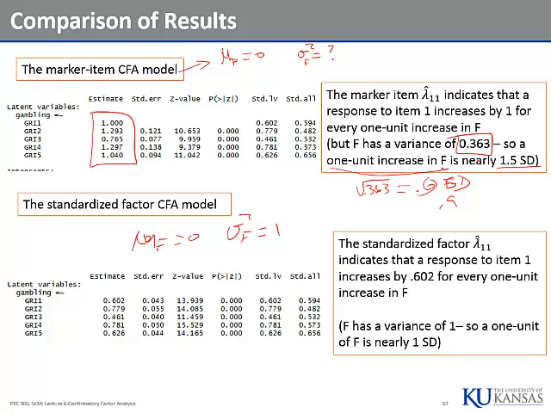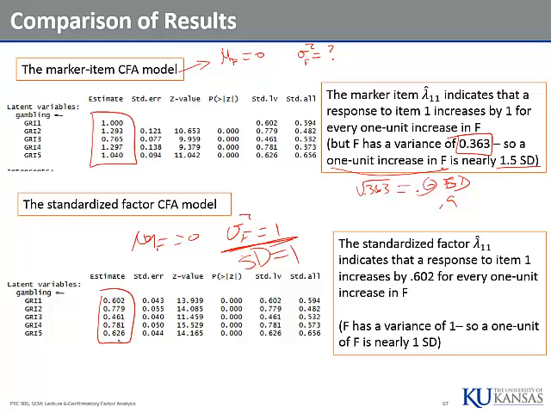So when you look at the standardized factor CFA results, they're unstandardized estimates, even though they come right out of the computer. Because of the way that we set the factor variance, the standard deviation for this factor is equal to 1. So a 1 unit increase in the factor is really 1 standard deviation. And that's why these numbers change, for 1 standard deviation versus 1.5 standard deviations.